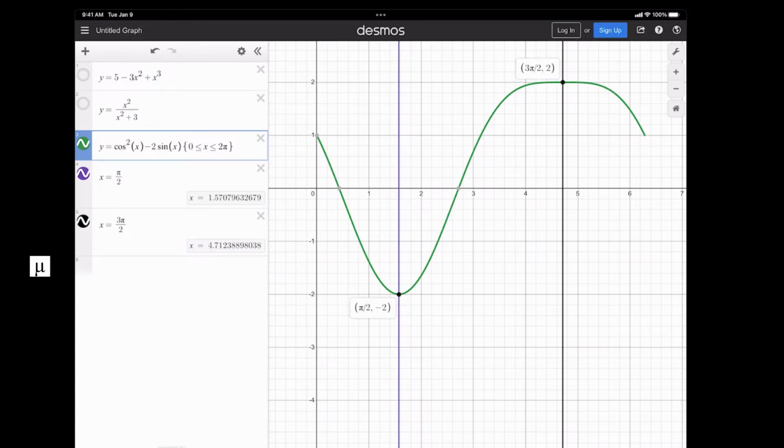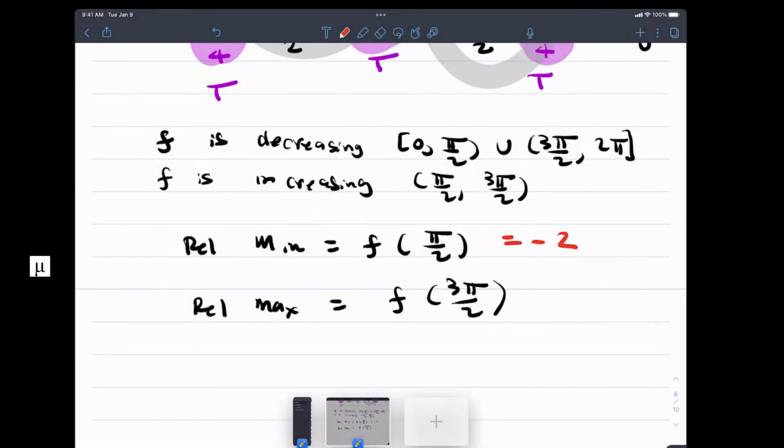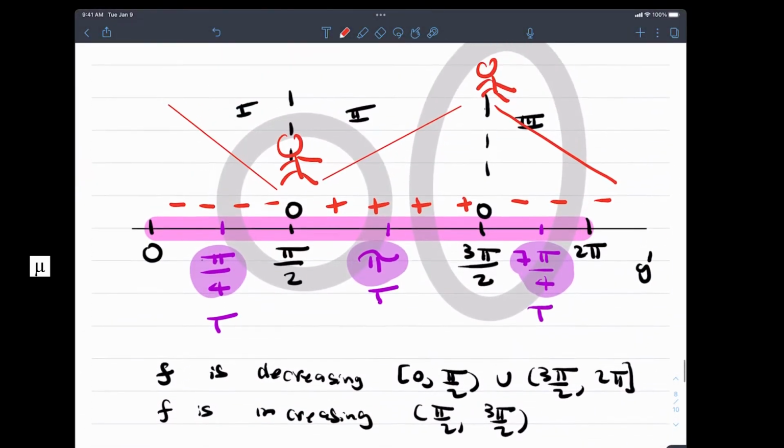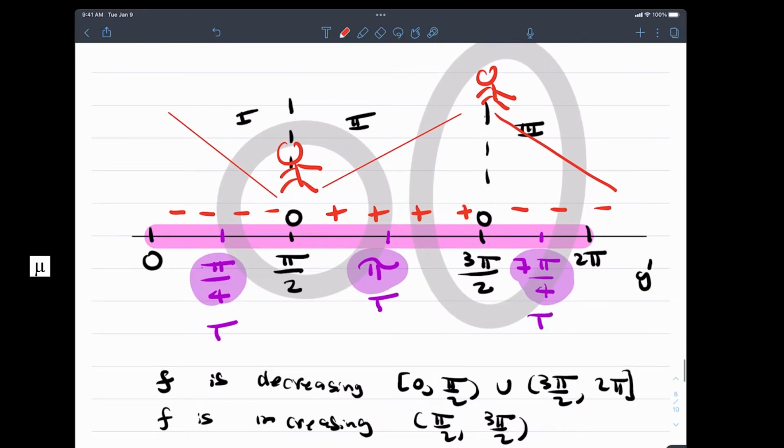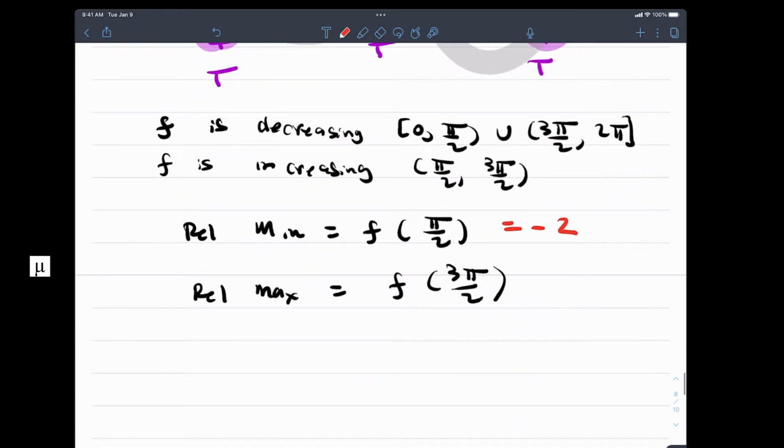I mean, region 1, 2, and 3. Region 1 has a negative derivative. Region 2 has a positive derivative. Is that right? And region 3 has a negative derivative because you're going downhill. What we're saying: negative, positive, what? Negative. So that's kind of like a rough sketch. And isn't this equal to a positive 2, ladies and gentlemen? You see what I'm saying?